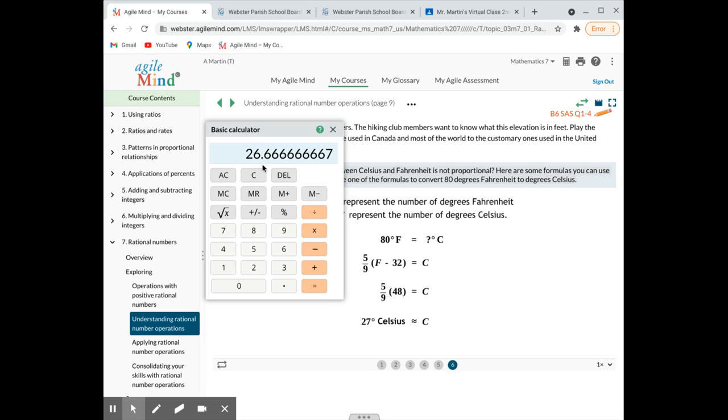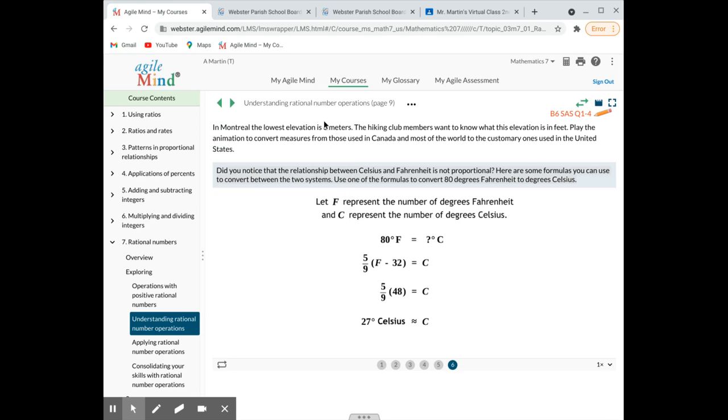And so we got 26.6 that repeats, but we're rounding to the nearest whole number, and they got what? 27. Correct. Wouldn't 26.6 round to 27? Yes, sir. All right. So what we're going to do is we're going to take page 10 and answer question 5 in our workbook.